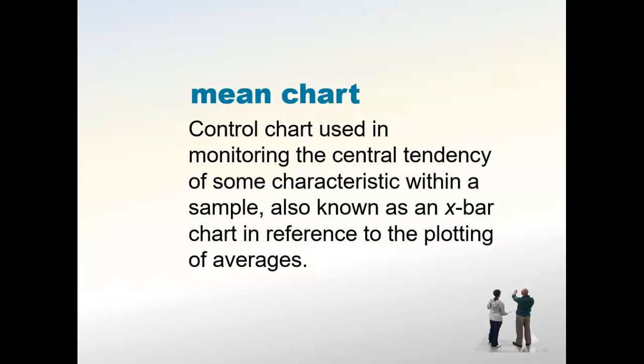So a mean chart is a control chart used in monitoring the central tendency of some characteristic within a sample, also known as an X-bar chart, in reference to the plotting of the averages.